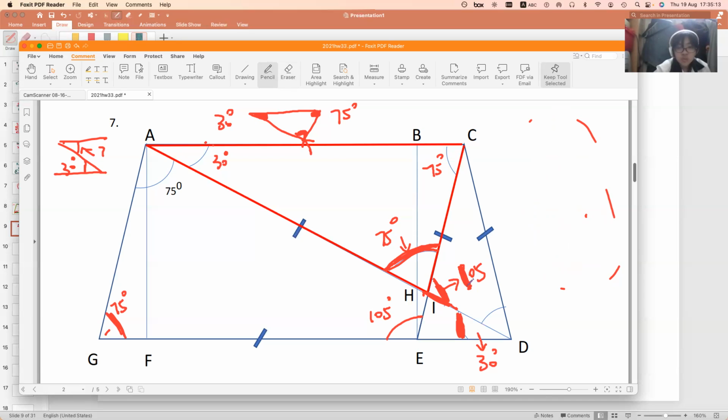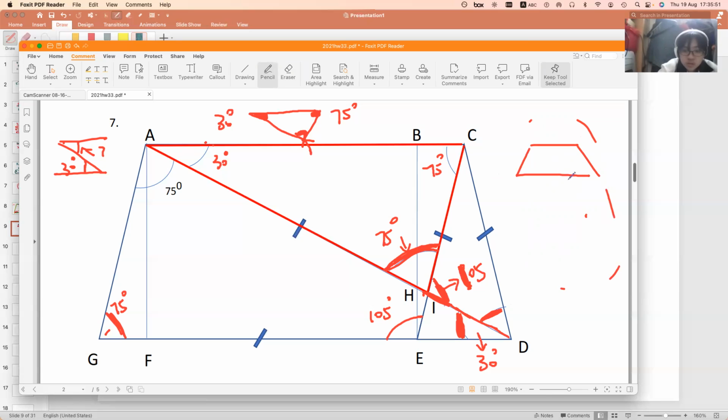Then last one already. This one. How do you get this one then? So just now what we are saying is this whole thing is a trapezium, right?